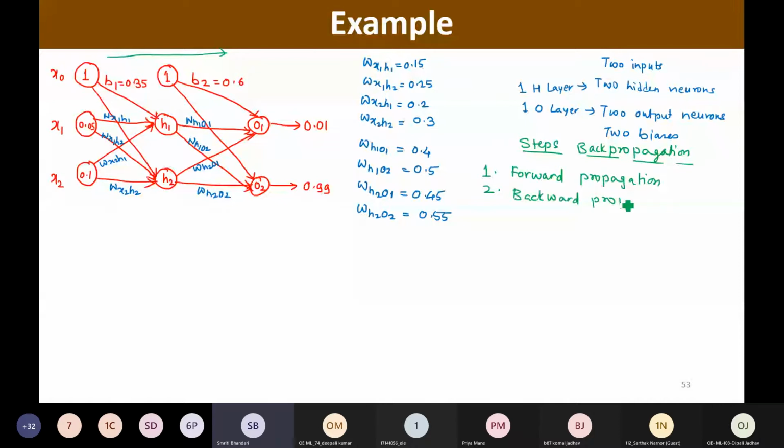And the third step is putting all the values together and computing the updated weight value. So updation of weights. Now, how we are going to learn? So let us begin with solving this problem.